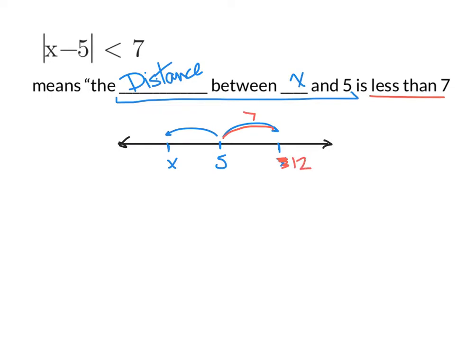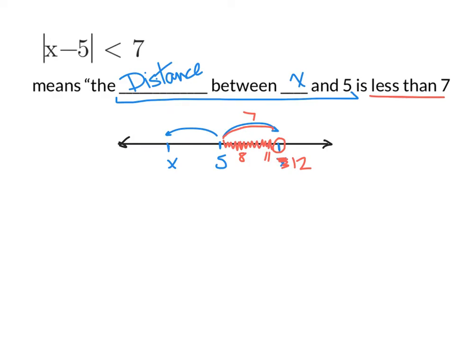Now, all of my x's have to be less than that. So it can't be at 12, but it could be right up next to 12. It could be at 11, the distance between 11 and 5, that's less than 7. Or it could be at 8. The distance between 5 and 8 is 3, that's less than 7. So it can be all of these numbers in between here.